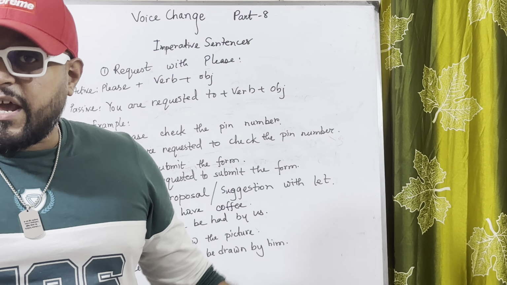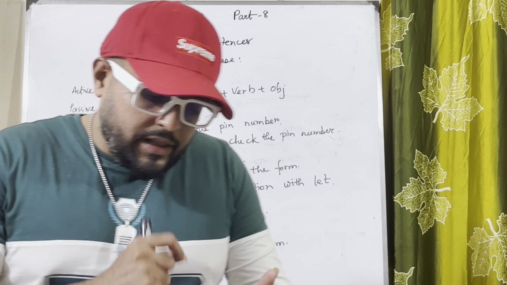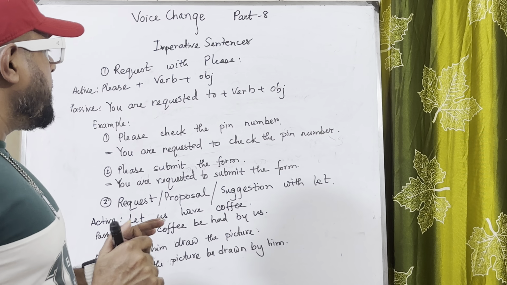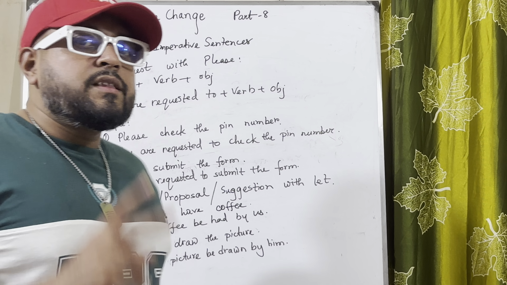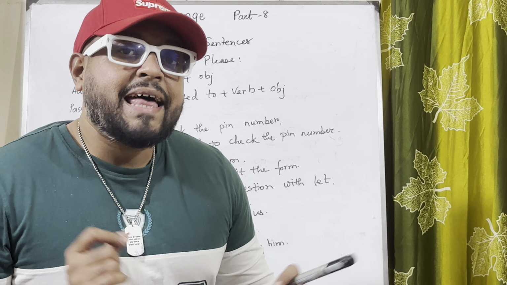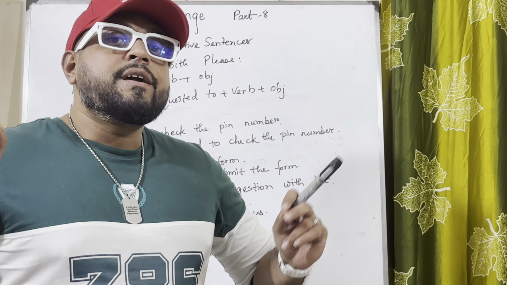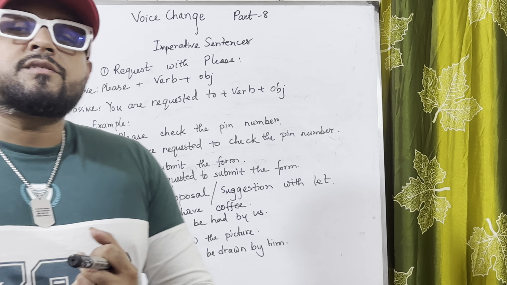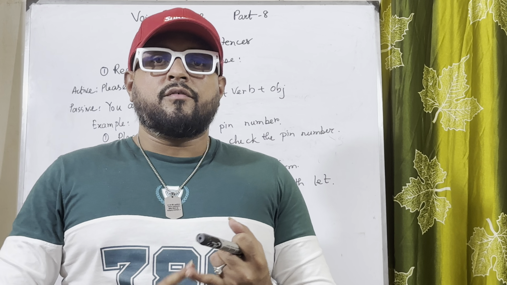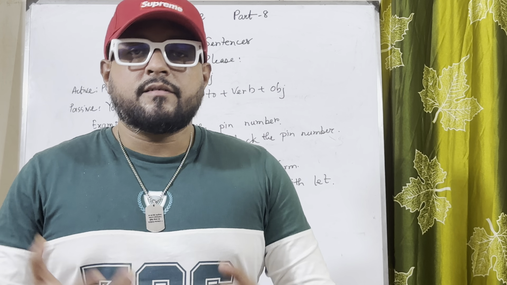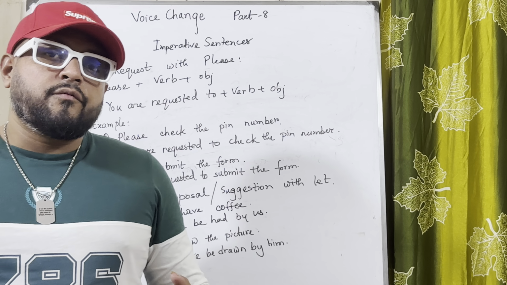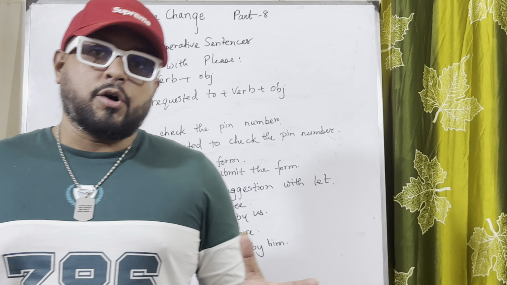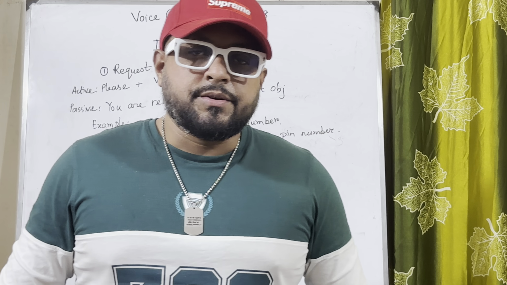Here we are going to discuss 2 different patterns of requesting a person. The first very common method of requesting a person is the use of please in our conversation.